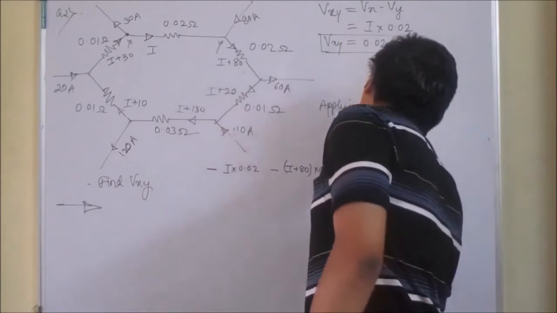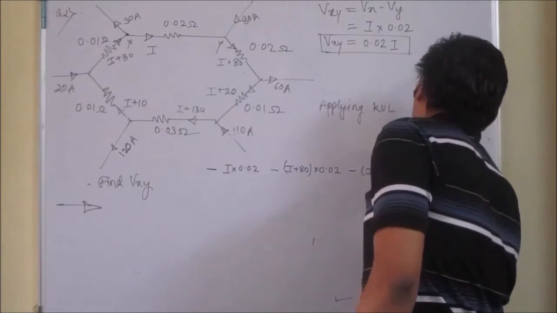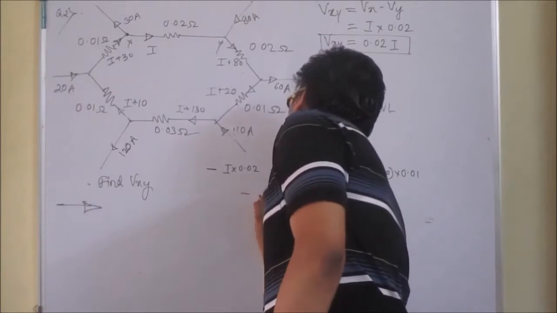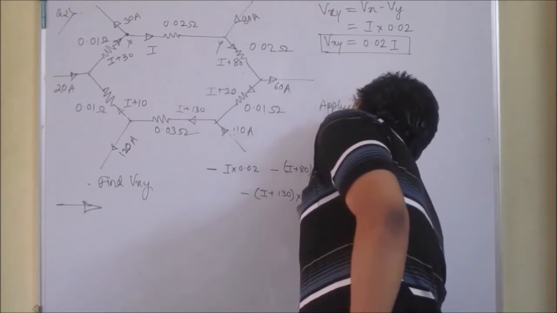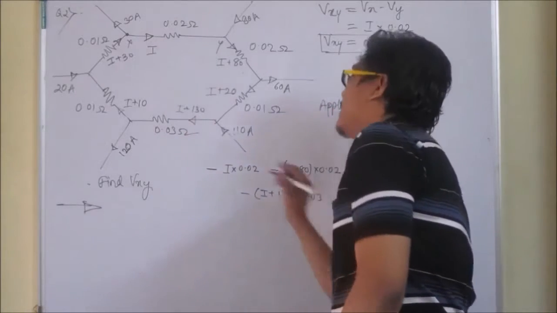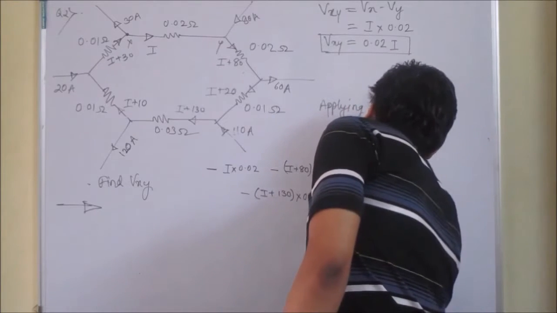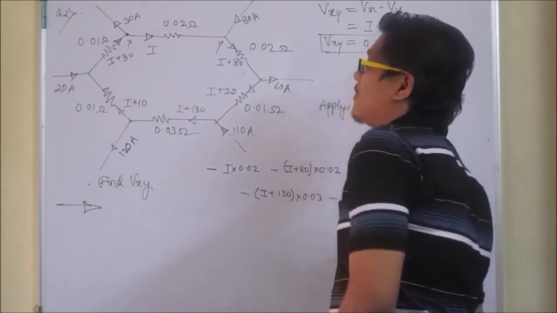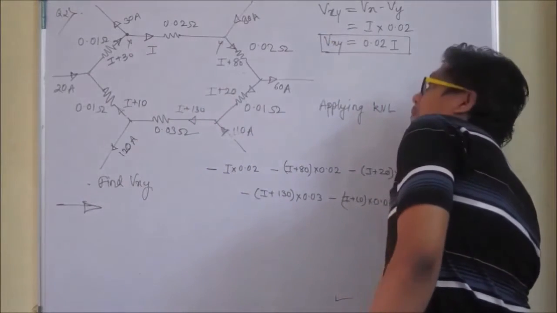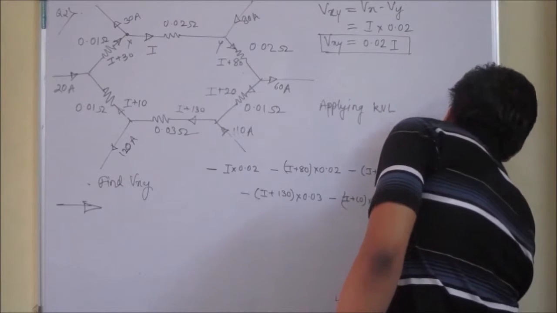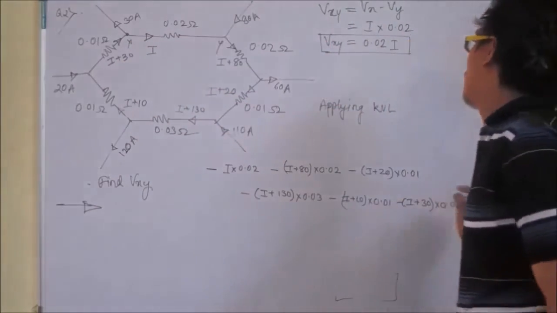Again current is going through the resistor, therefore I plus 20 into 0.01, minus I plus 130 into 0.03, again minus I plus 10 into 0.01, again here minus I plus 30 into 0.01. And what is the sum of all the voltages in a closed loop? That is equal to 0.